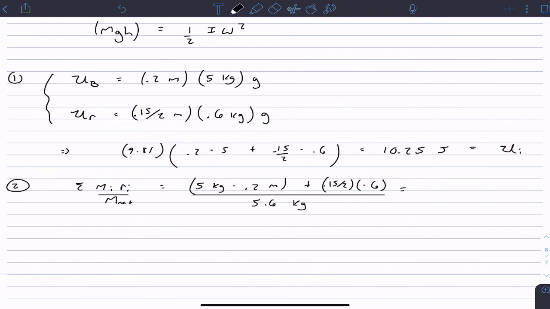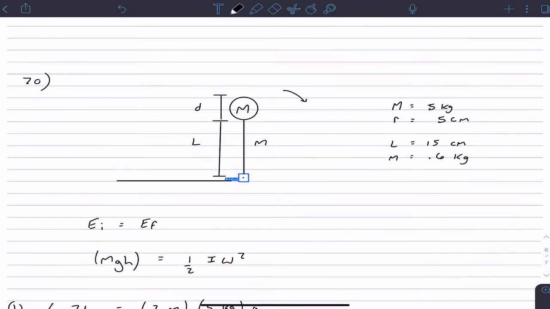This gives you a value of 18.6 centimeters, or 0.186 meters.